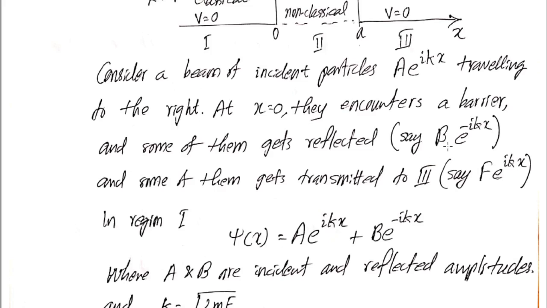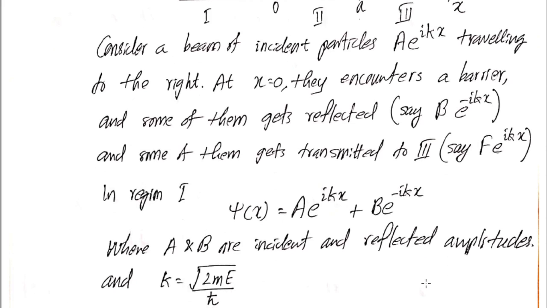Suppose that the reflected particles are represented by the portion B e^(−ikx). So in region 1 there are two portions, an incident and a reflected wave. The total wave function becomes A e^(ikx) + B e^(−ikx). This is the exact wave function, not approximate, where A and B are the incident and reflected amplitudes and k = √(2mE)/ħ.